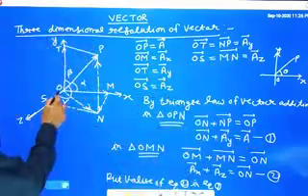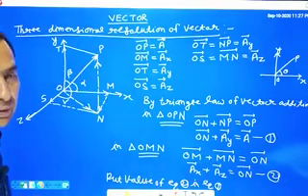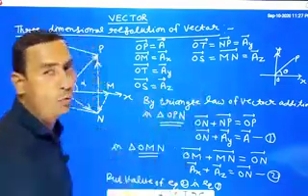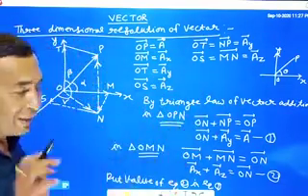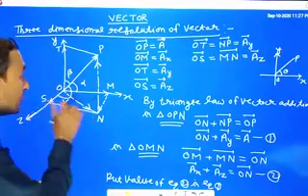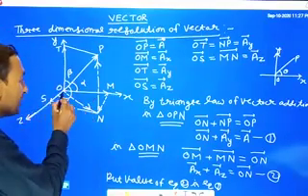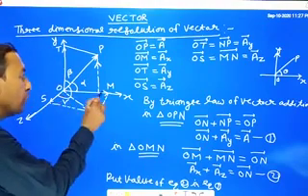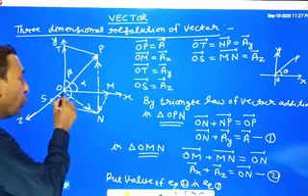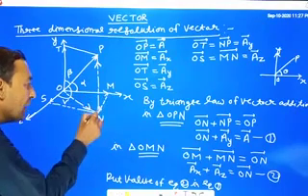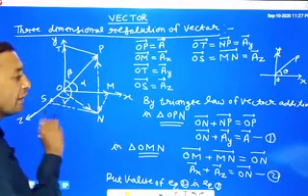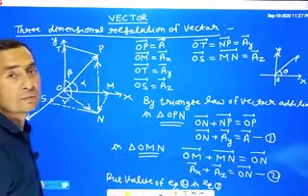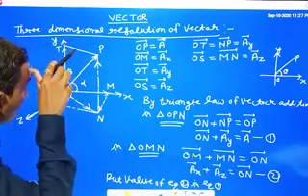Now in triangle OMN, again we apply the triangle law of vector addition. The two sides in the same order are OM plus MN. OM is from O to M, MN is from M to N. Then OM plus MN equals ON, in opposite order. Now what is OM?